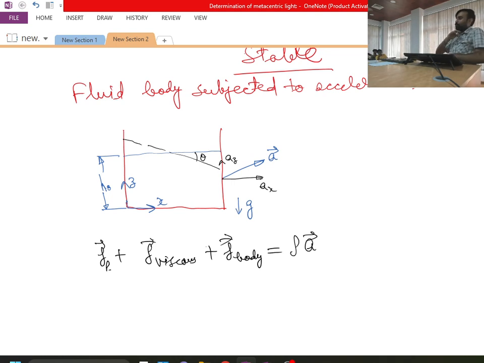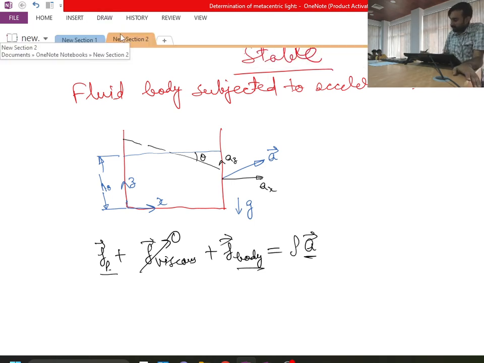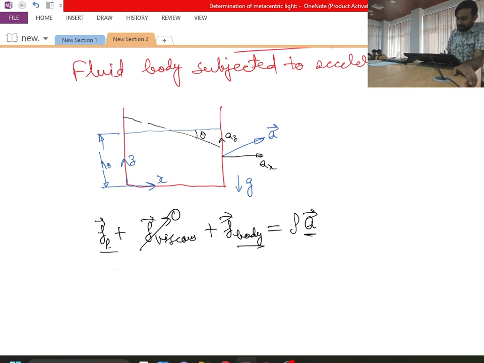Now I have to impose the conditions here. What are the conditions? First, if after reaching acceleration a it is static, then the viscous force will be 0. But it is having some acceleration a over here, so I have to consider the pressure force and body force. Now let me write this equation in individual directions. In the x direction, minus del P by del x is my pressure force per unit volume.